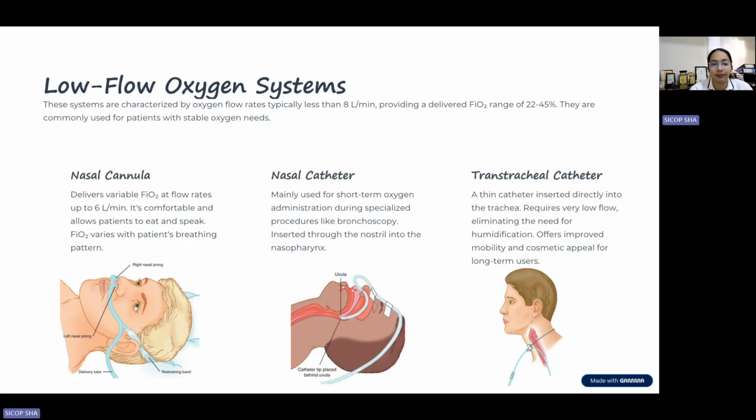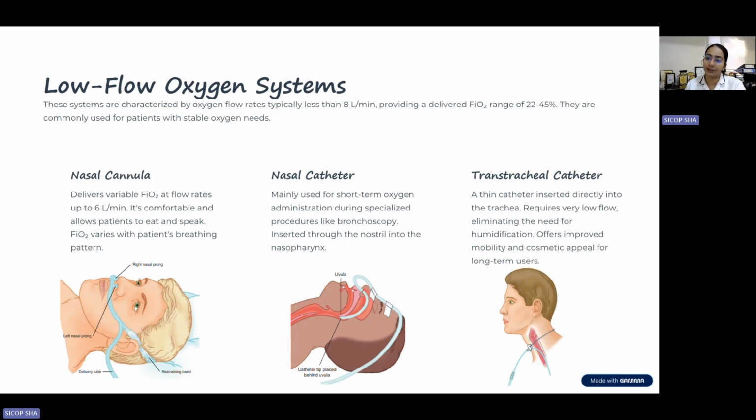Next comes the nasal catheter. Nasal catheter and transtracheal catheter are very rarely used entities. The nasal catheter is inserted through your nose up to your uvula, into the nasopharynx. It is usually used during small procedures, for example bronchoscopy, and it requires a specialized procedure to insert.